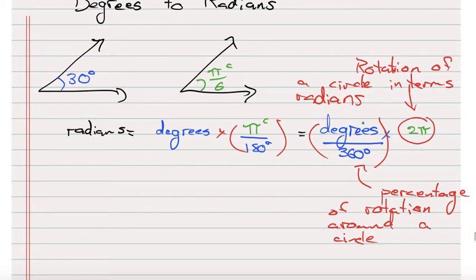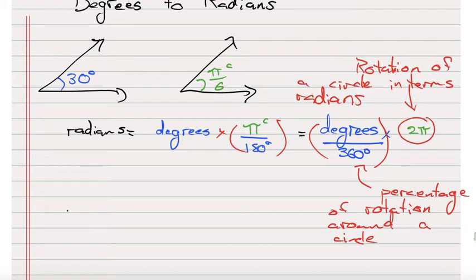So this is the percentage that we've traveled around the full 360 degrees, and this is the rotation of the circle in radians. So a full rotation multiplied by the percentage of a part of a rotation.